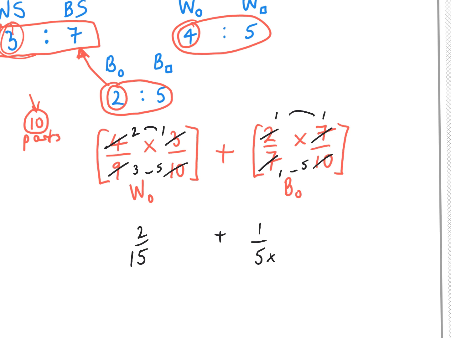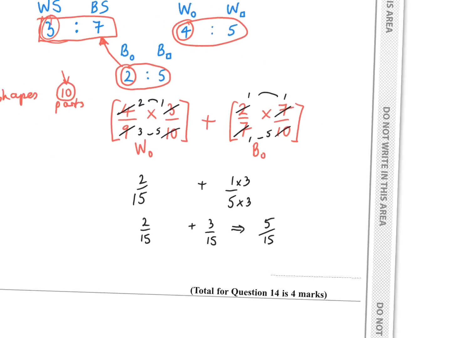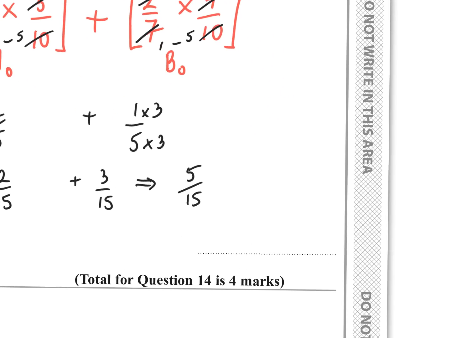If we times top and bottom here by 3 to get the denominators the same, then we have 2/15 plus 3/15 gives 5/15, which you can have as your answer. I don't think it says in its lowest form. Let's have a look. No. So you could write 5/15, but let's just cancel it down because we know what that is. That's going to be 1/3 for circles in total.